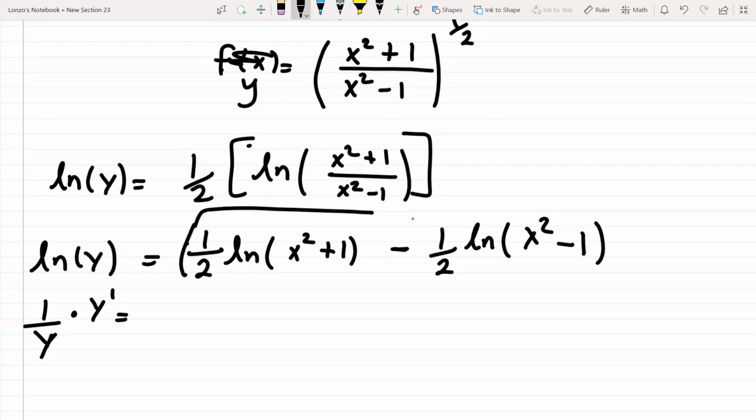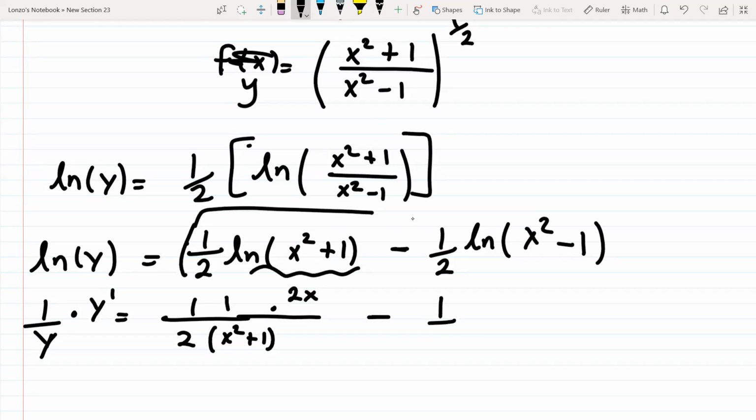It's going to be 1/2 times 1 over x squared plus 1 times the derivative of x squared plus 1, which is 2x. And then a minus 1/2 times 1 over x squared minus 1 times the derivative of x squared minus 1, which is 2x.